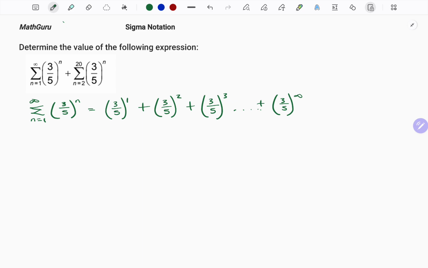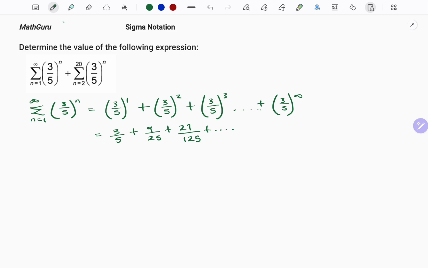So if I rewrite what I have, this will be equal to 3 over 5 plus 9 over 25 plus 27 over 125, and then that goes on to infinity.